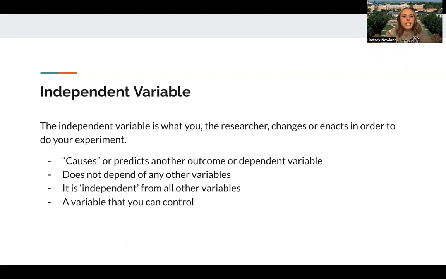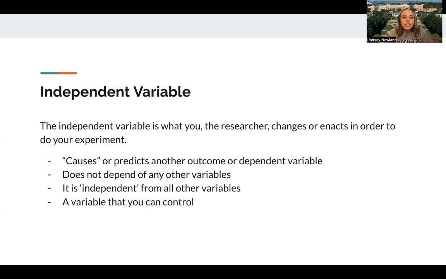So the independent variable is the one that you, as the researcher conducting the study, change or enact in order to do your experiment. The independent variable is not affected by the experiment itself, but it can be manipulated to affect the dependent variable.